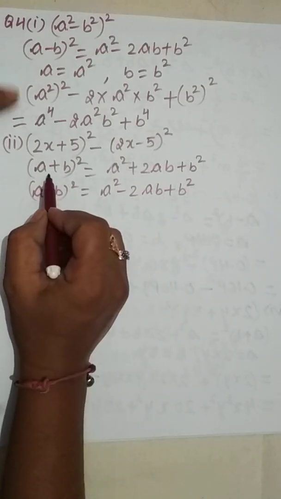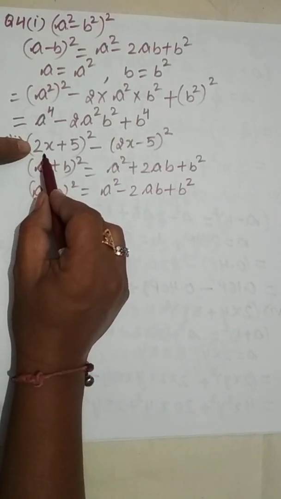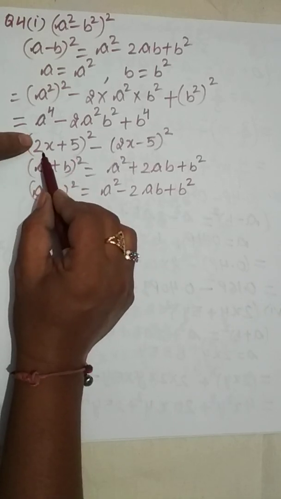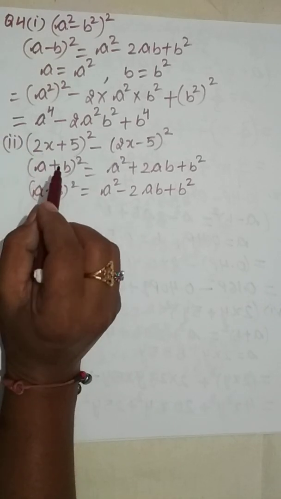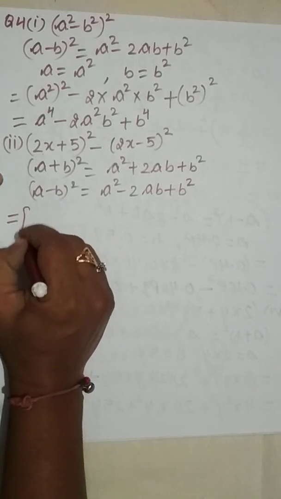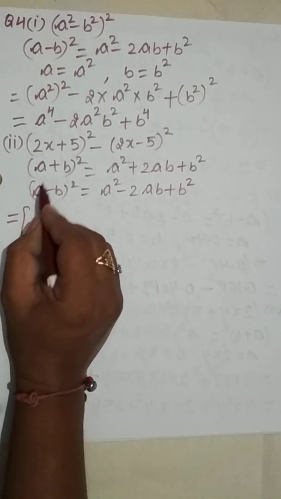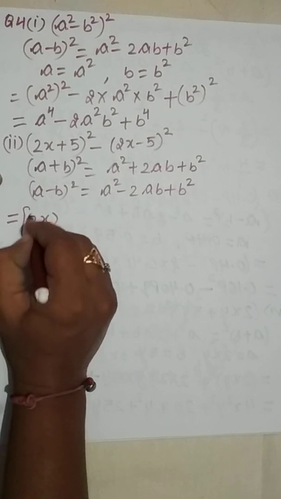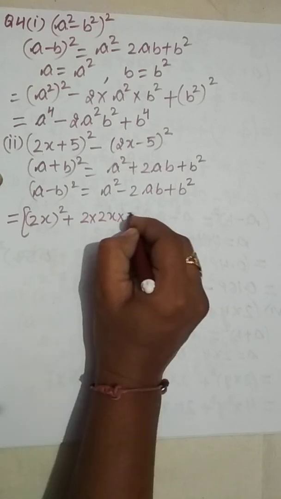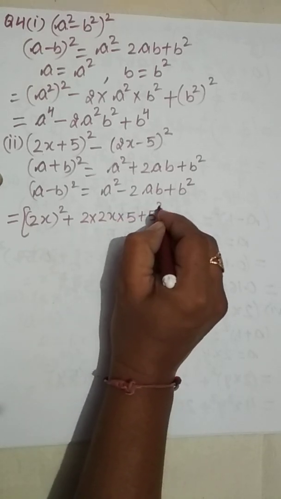Now here for both the terms the values of a and b are same, 2x and 5. The value of a is 2x and b is 5. So do the simplifications. Now (2x)² + 2 multiply 2x multiply 5 + 5².